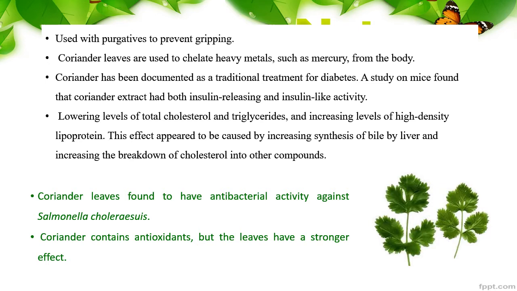This is due to increasing bile synthesis or bile formation by the liver, increasing breakdown of cholesterol into other constituents. The leaves also have antimicrobial activity against salmonella. Coriander contains antioxidant constituents, but the leaf has a stronger antioxidant effect.